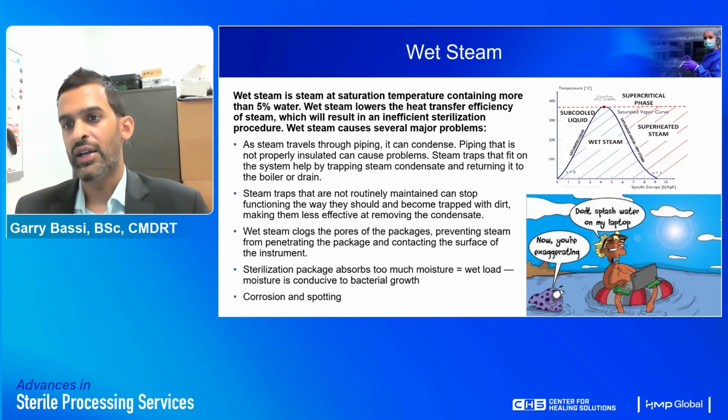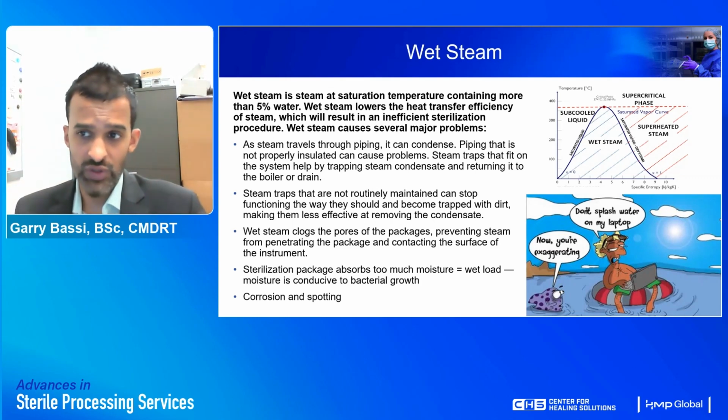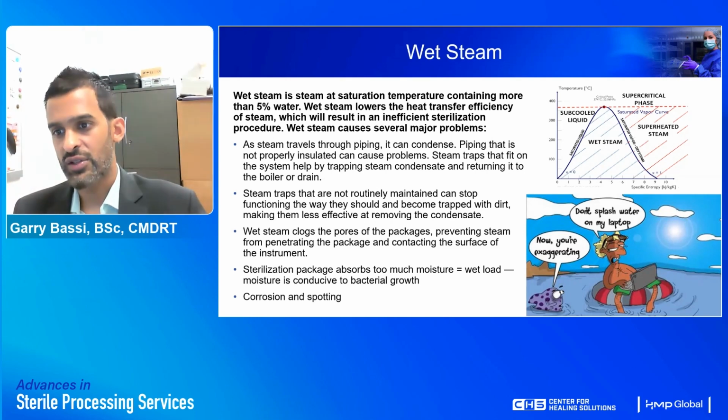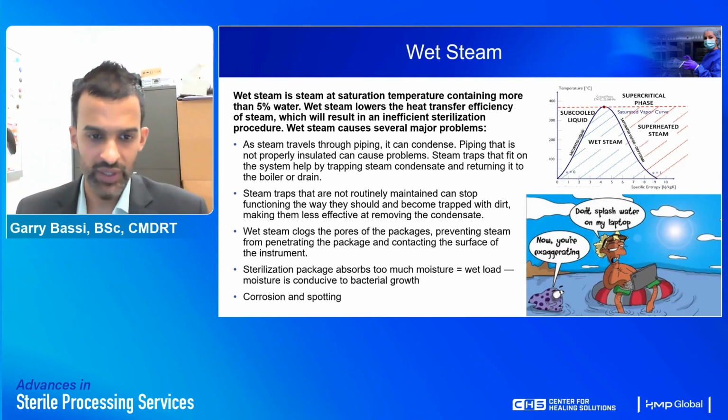But as you get to a certain point, which is where you want saturated steam, which is why we use 135 degrees Celsius for pre-vac sterilization cycles, that is the steam that has the most amount of ability to destroy the bacteria in the shortest cycle time. And we'll talk a little bit about that later on here.